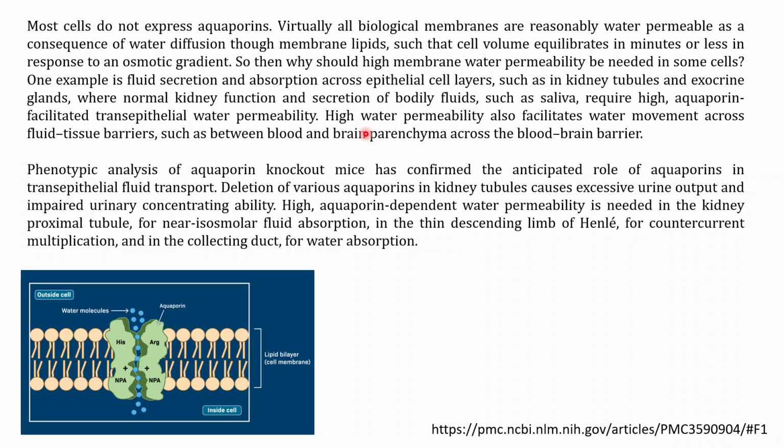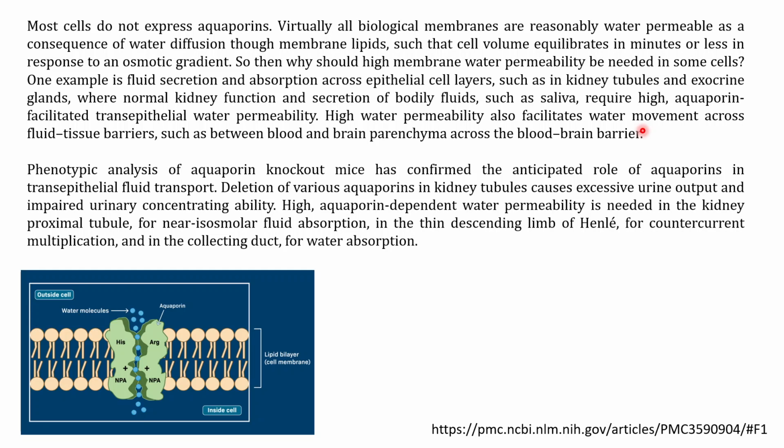So this high water permeability facilitates water movements across fluid tissue barriers, right? And that's what allows the secretion, absorption, reabsorption mechanisms like we studied in the kidney tubules. So basically we have some homeostatic level of preserving osmotic tension between the inside and outside of a cell.